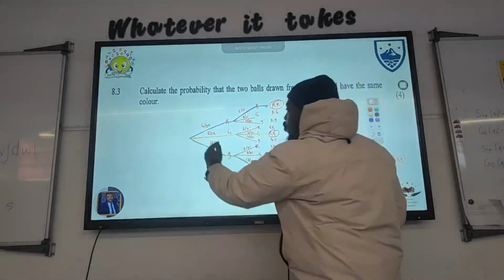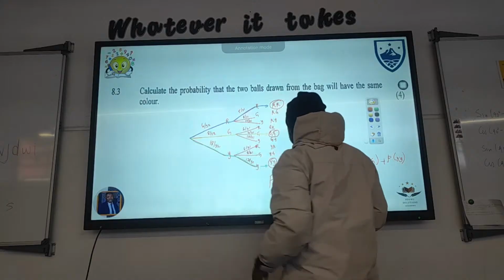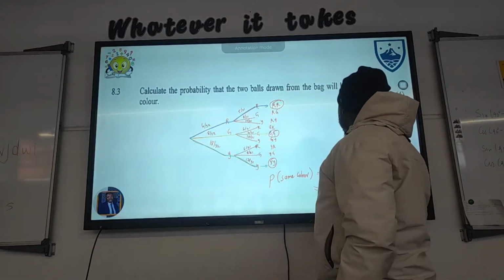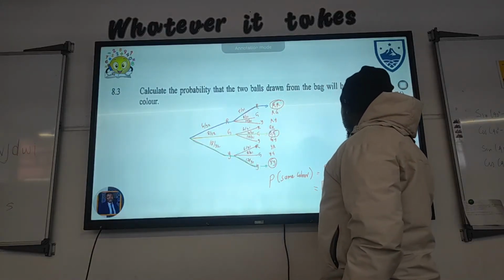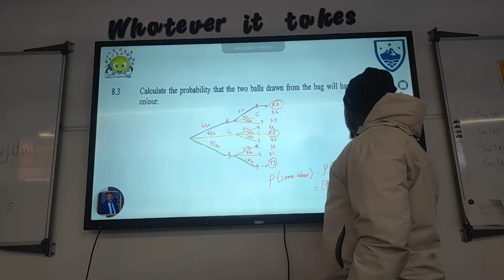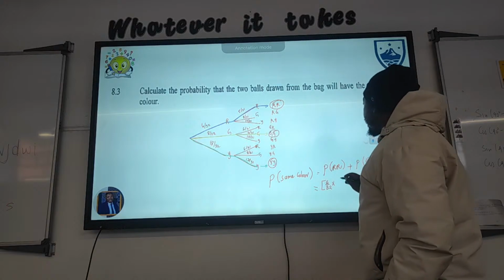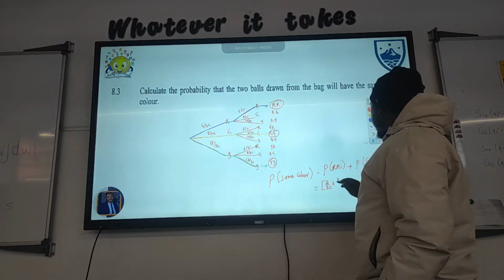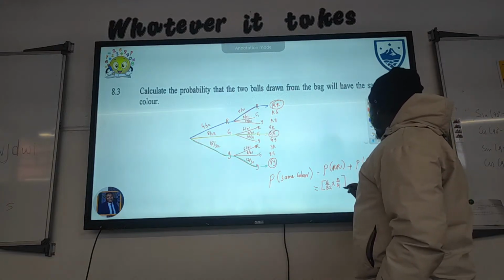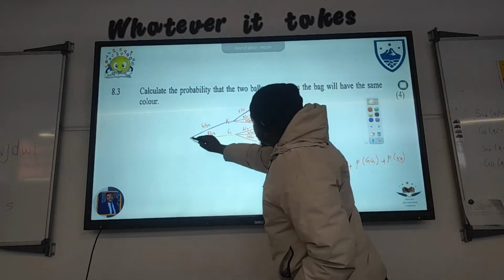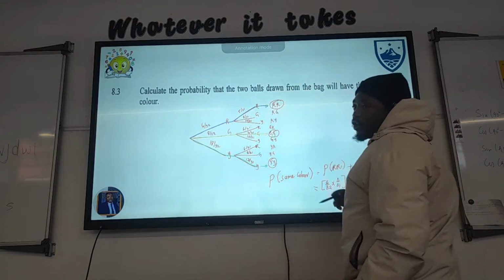As long as you are moving on the branch, you are going to multiply. So for this one, it will simply be your 6/32 multiplied by 5/31 along the branch.